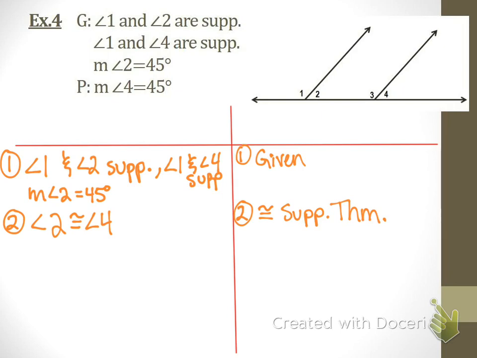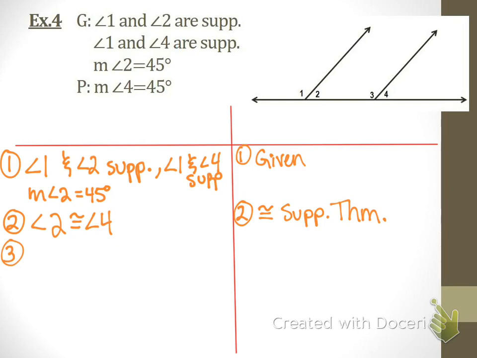Okay? So we are told that the measure of angle 2 is equal to 45 degrees. So to go from congruence to talking about measures, I need to put a step here that doesn't talk about the angles being congruent, but instead talks about measures being a little word, begins with an E. Equal.